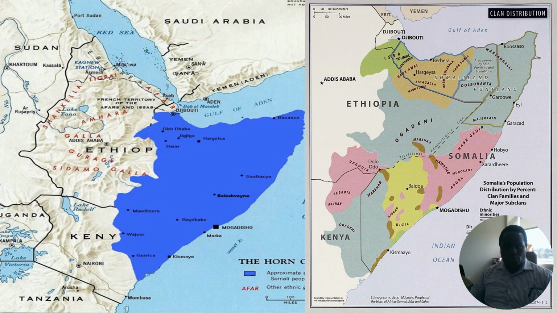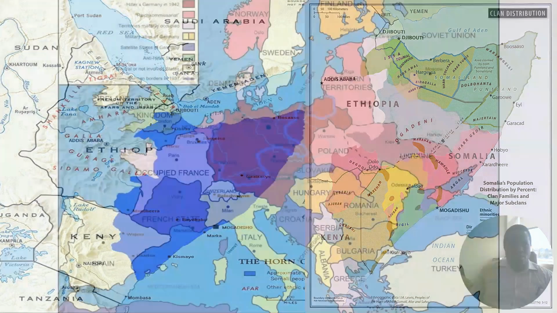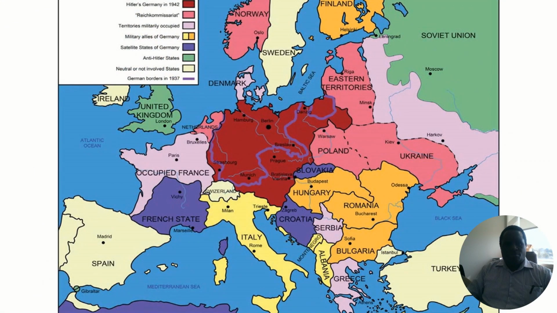Another example is the Somalis. If they were to make a nation, that would be what the nation would look like. They are located in Kenya, in Somalia, in Ethiopia, in Djibouti, and they consider themselves Somalis as a nation, but it is spread across a number of countries.